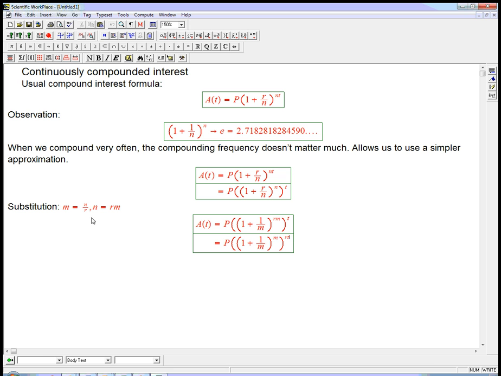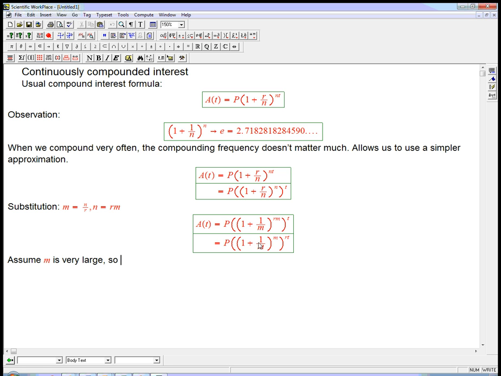Okay. So focusing on this quantity, n over r, not how many pay periods there were, but how many pay periods there were related to the interest rate. That turns out to be the crucial thing. Okay. So now what we're going to do is assume m is very large.